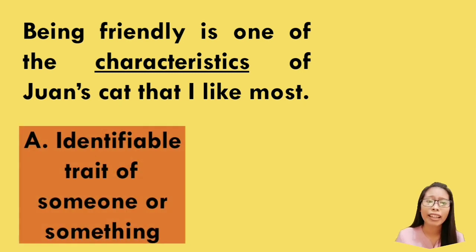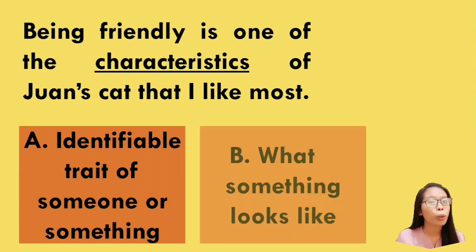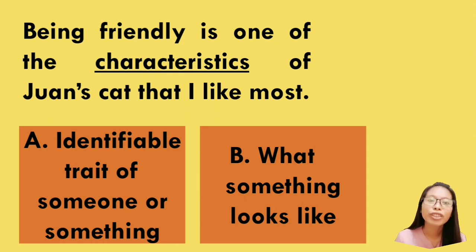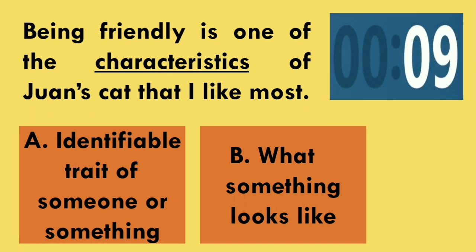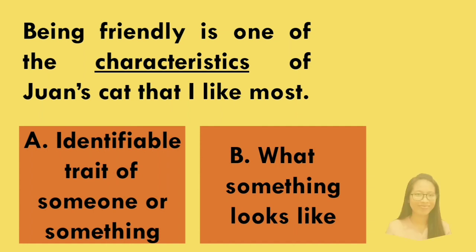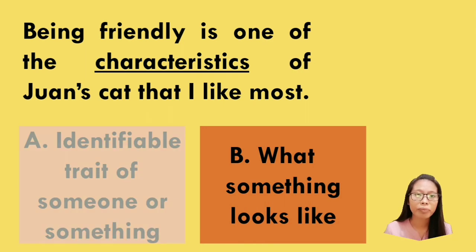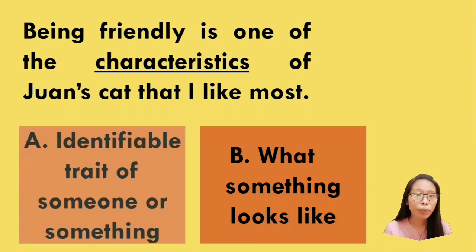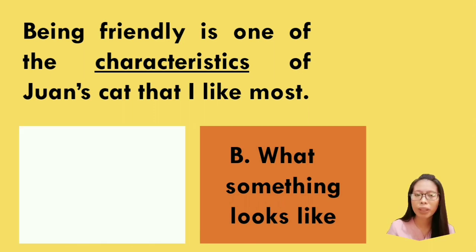Is it an identifiable trait of someone or something? Or what something looks like? Your 10 seconds starts now. That's right. Your answer is correct. The answer is letter A. It is an identifiable trait of someone or something.